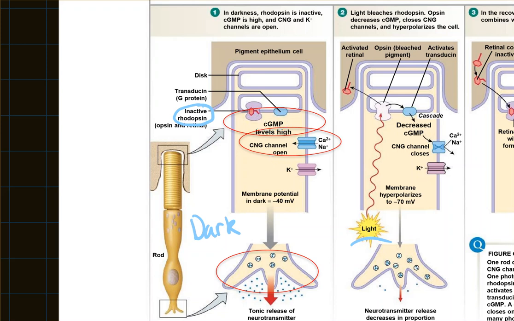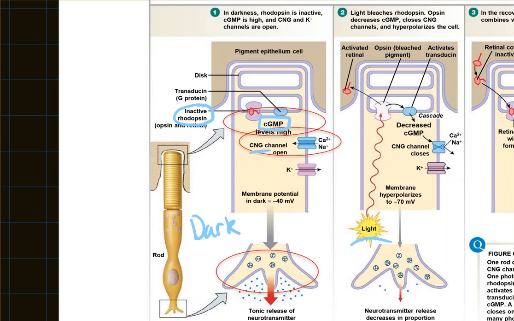On the rod, you have 2 channels that can allow movement of ions. You have the CNG channel. CNG stands for cyclic nucleotide gated channel. That's saying that this channel is gated, and the thing to open that gate is a cyclic nucleotide. In this case, the cyclic nucleotide happens to be cyclic GMP.